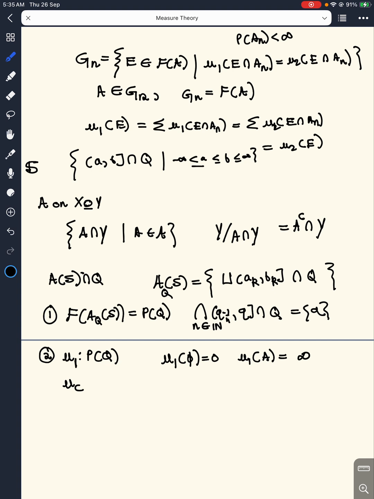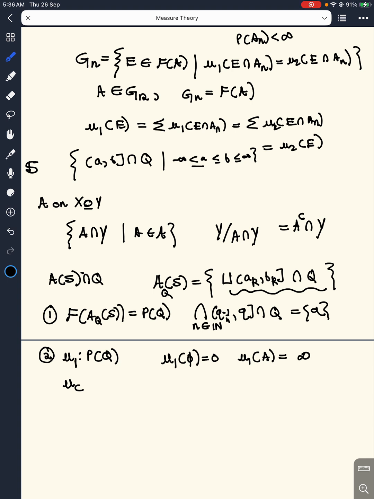Because Q is dense in R, every element of this form is either phi or contains infinitely many elements of Q. So mu_c of that has to be infinite. So it coincides on the algebra, but it does not coincide on the sigma algebra.